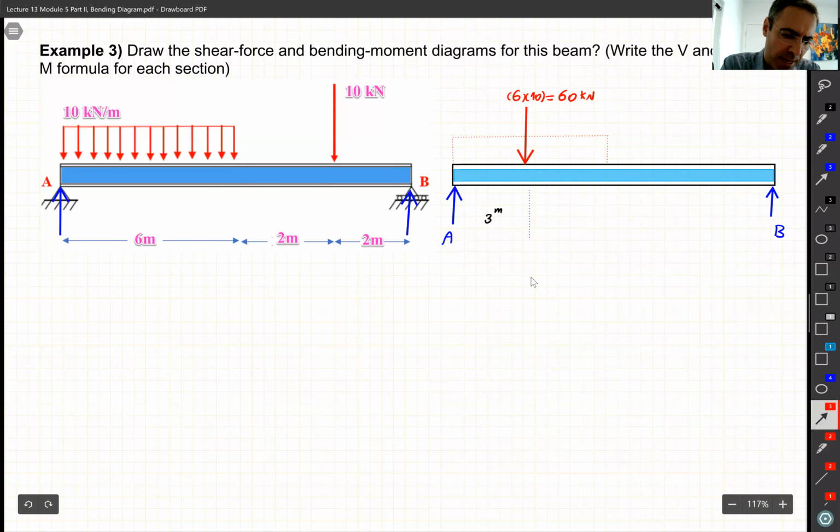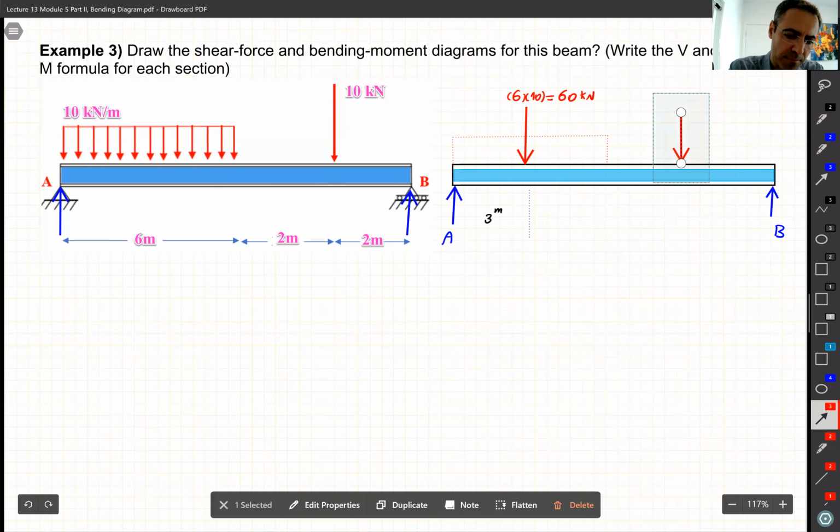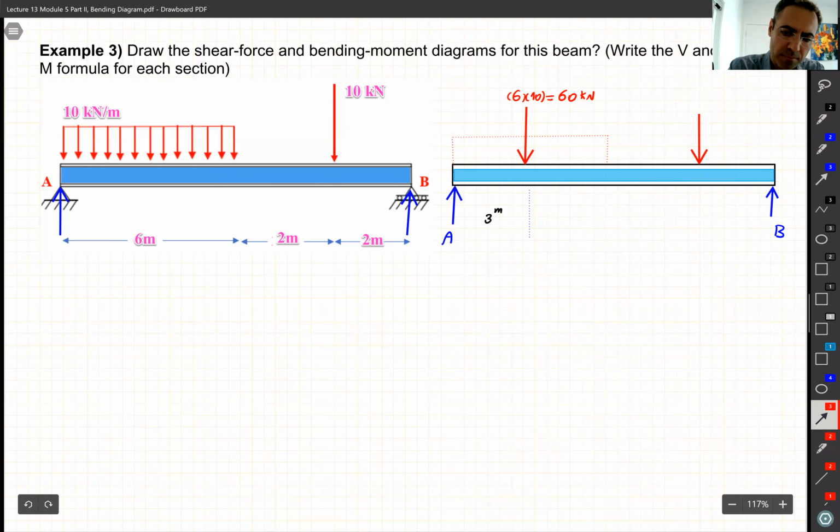And then we have this guy here. Let me move this one up. Then we have this load 10 over there. 10. All right, that's my free body diagram. And so from this free body diagram, I write down the equation here.